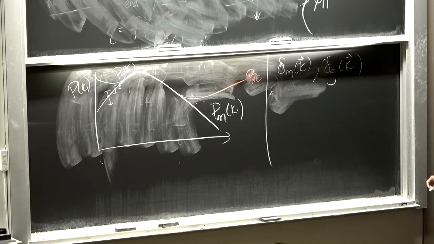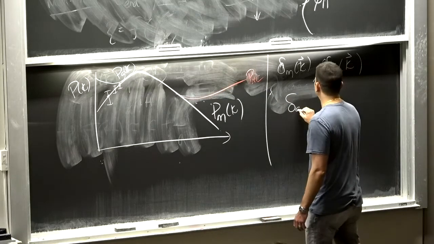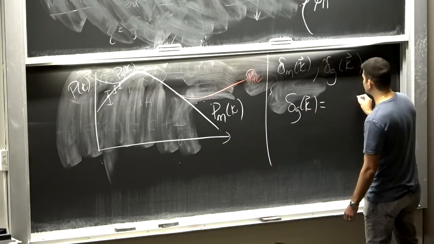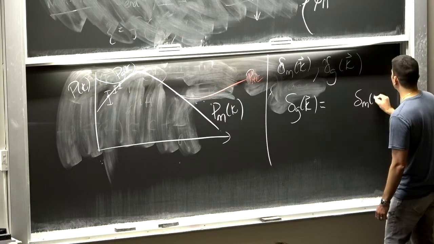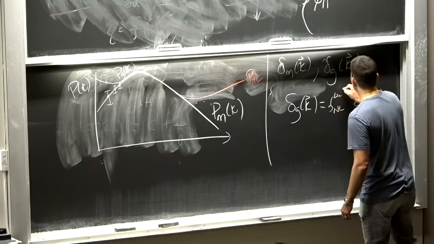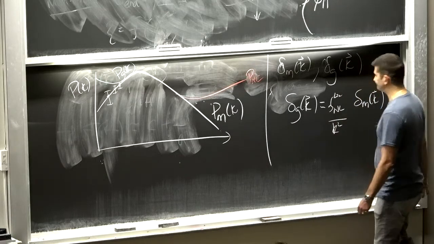Because the relationship is deterministic. The relationship between Fourier mode by Fourier mode is that there's an F and L local and a 1 over k squared.